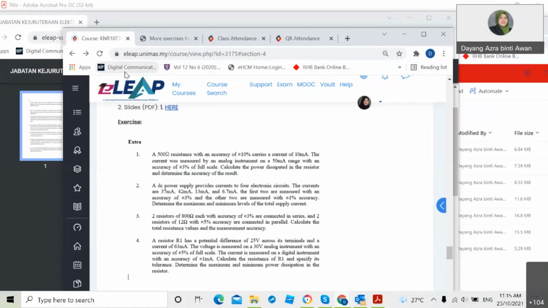For the question, sometimes they can twist the question, and as long as your answer is good. The current was measured by an analog instrument on 50 milliamp range with an accuracy of plus minus 3% of full scale. So calculate the power dissipated in the resistor and determine the accuracy of the result.